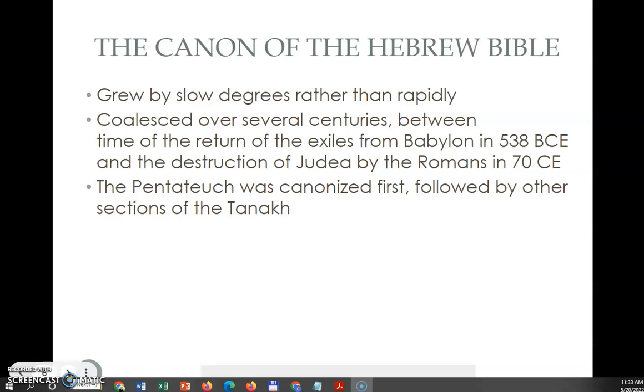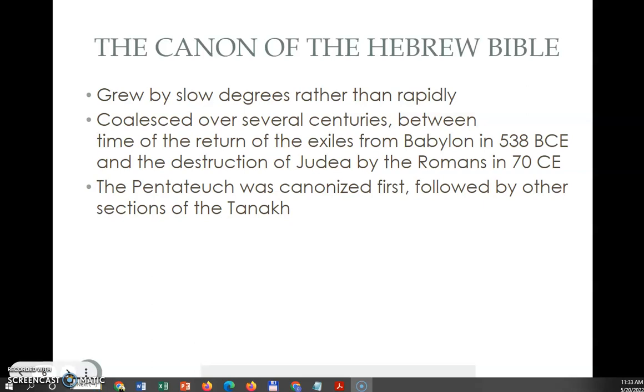The Pentateuch, or the first five books in the Old Testament, was probably the first collection to be assembled and to receive this status of scripture among religious Jews.